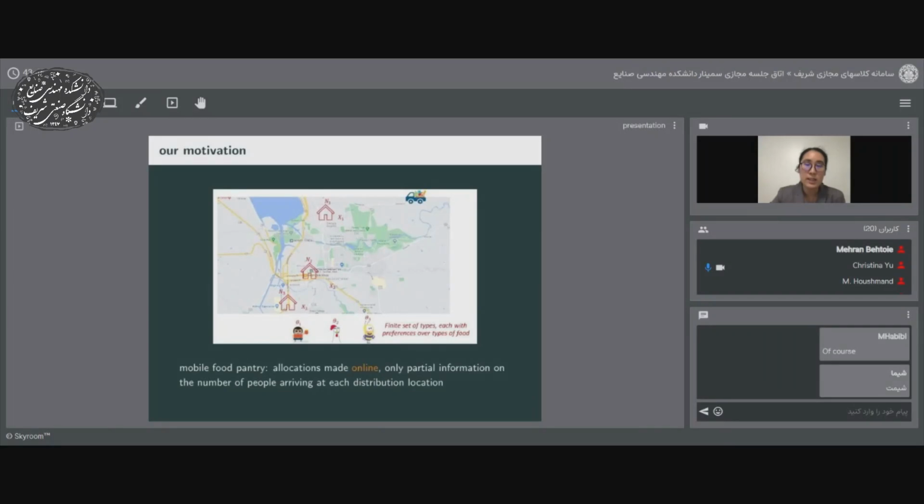In this sense, the allocations are made sequentially, or we also call it online, because you only have to commit to a decision on what to distribute before seeing what comes later. And there's only partial information about the number of people arriving at each distribution location.